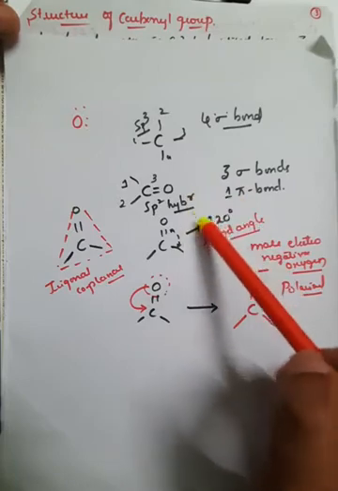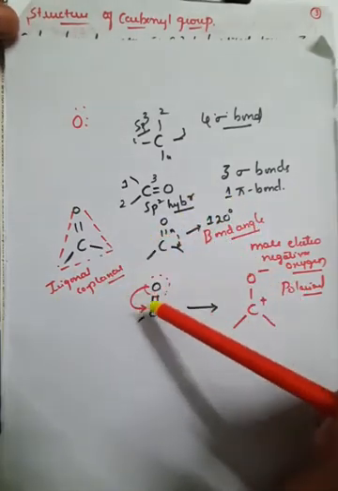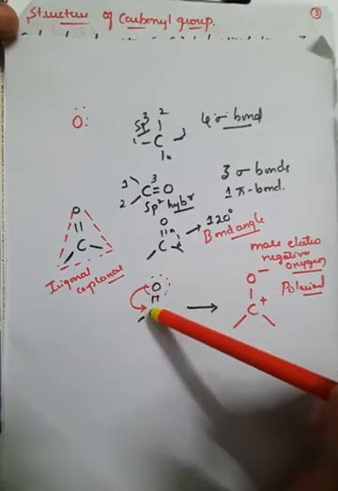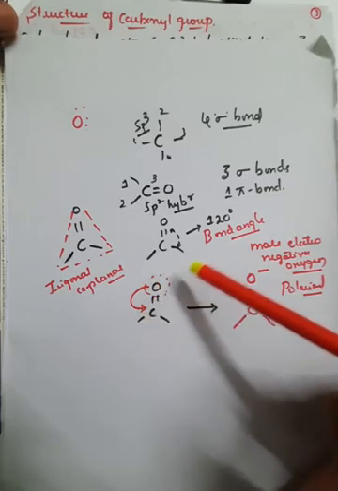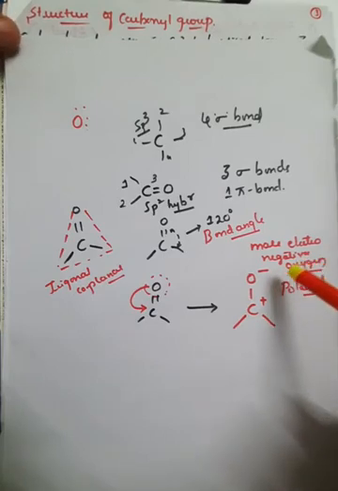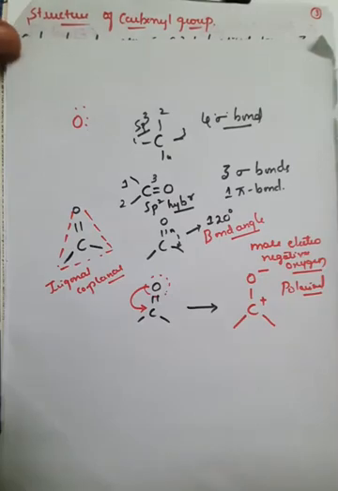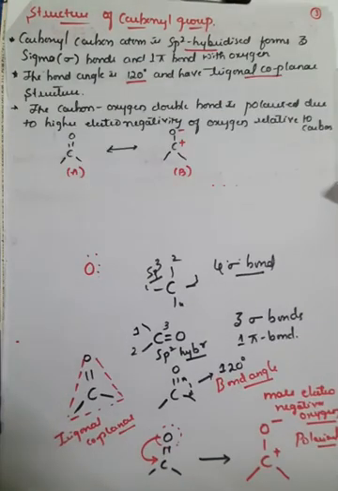Due to the 120 degree bond angle, it has a trigonal coplanar structure, and due to the more electronegative oxygen which is present on the carbon, it can polarize this bond, or break this bond, and negative charge will be present on oxygen and positive charge will be on the carbon atom, which means whenever the oxygen polarizes the double bond, the carbon will get converted into a carbocation, right?